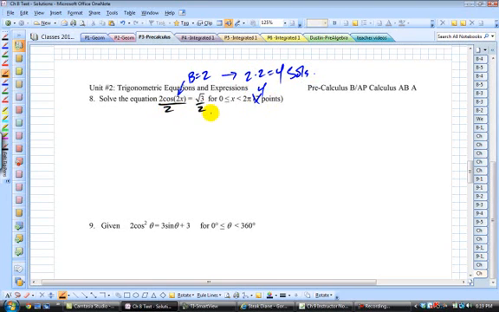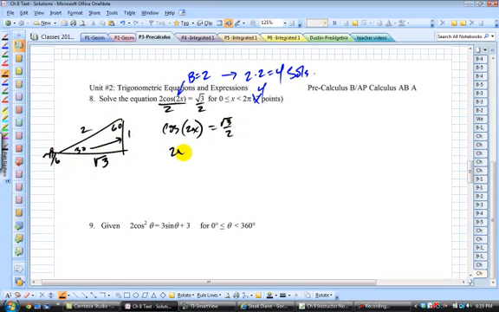Let's divide by 2, and I get cosine of 2x is equal to root 3 divided by 2. I got to, again, know my triangles here. Opposite of 30-degree angle is 1, and this is root 3 here, and this is pi 6. So I get 2x is equal to pi 6 in quadrant 1.